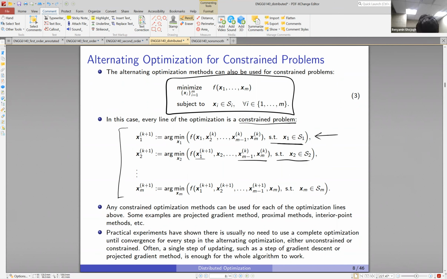And now, for each of these, you should use a constrained optimization algorithm, such as the projected gradient method, Newton's method with equality and inequality constraints, or interior point methods. Again, theoretically, you need to do it until convergence, but one step usually works. Any constrained optimization method can be used. Practical experiments have shown that there is usually no need to use a complete optimization.